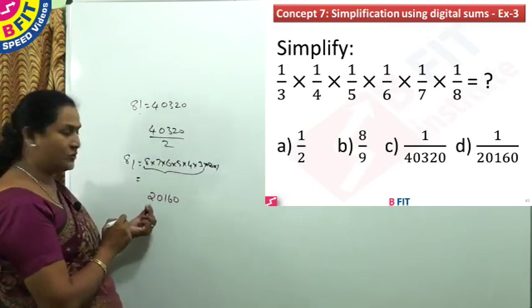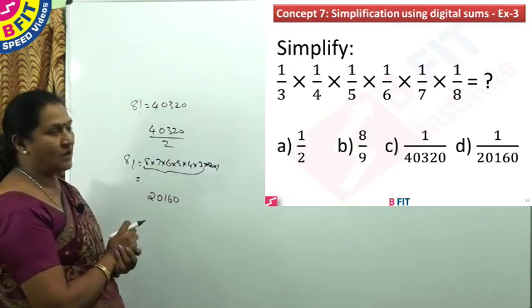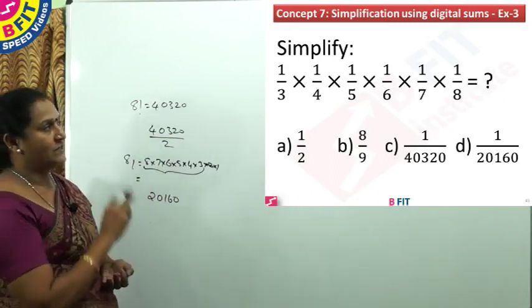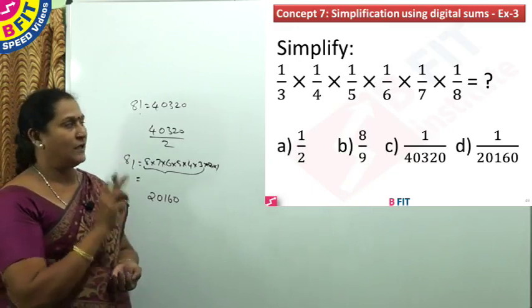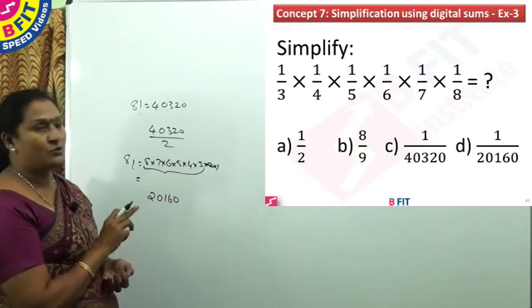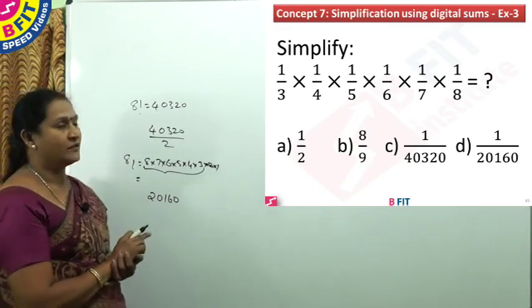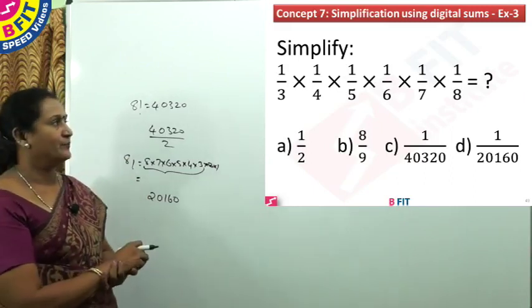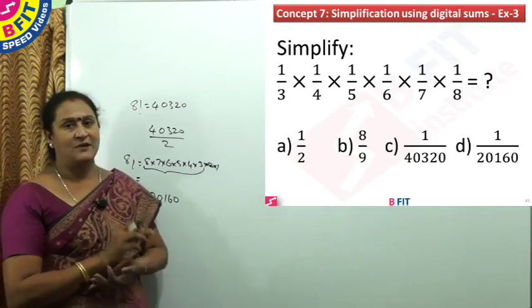So the denominator should be 20160 and option D is the answer. The value of this question, 1 by 3 up to 1 by 8, is 1 by 20160 and the answer is option D. This question was asked in a previous exam. So we will see the next question.